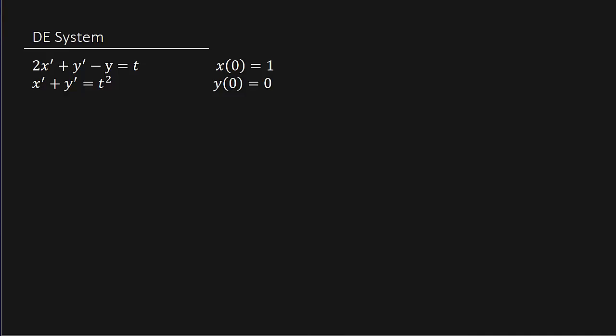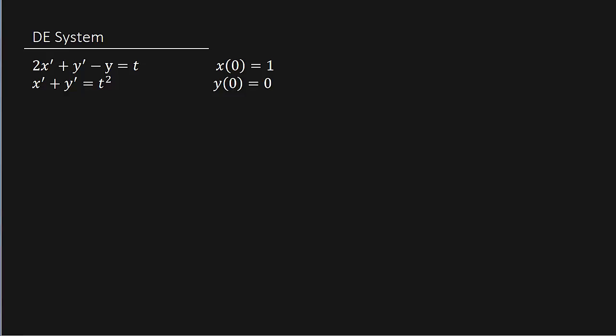Alright, so what we have to do here is we've got a system of two equations. So we've got to take the Laplace transform of each term in each equation.